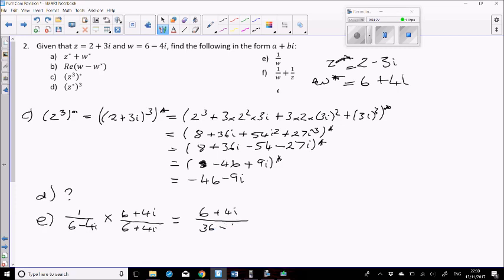So we're going to end up with 36 minus 16i squared. So 6 plus 4i over, remembering that i squared is negative 1, that's going to be over 52. And then you can just cancel that down, split it into the parts. So the real part is 3/26, and the imaginary part is 1/13.